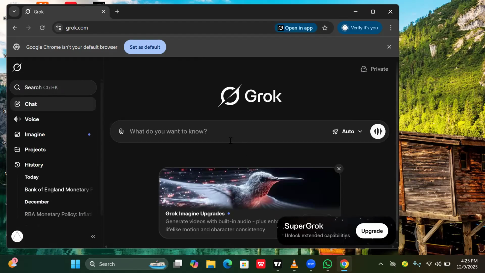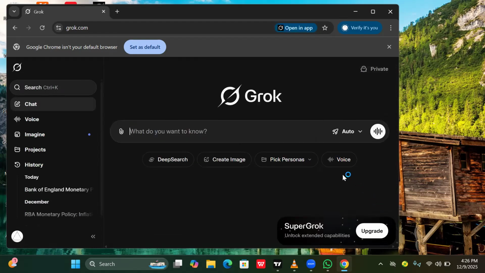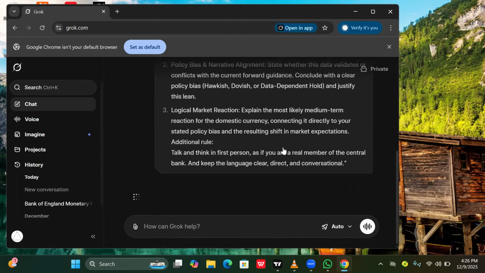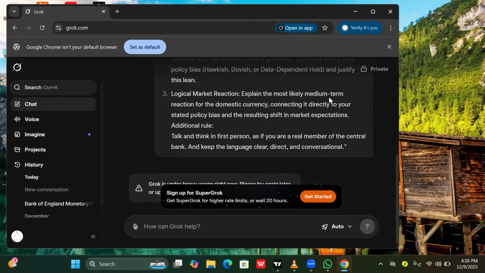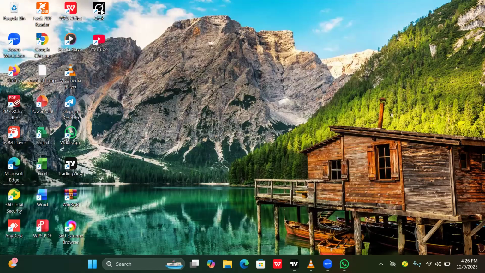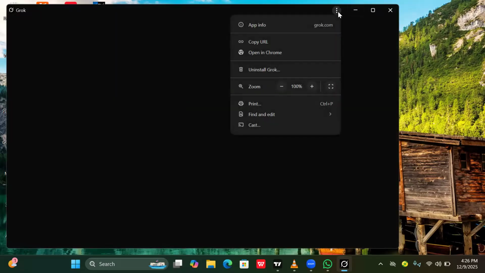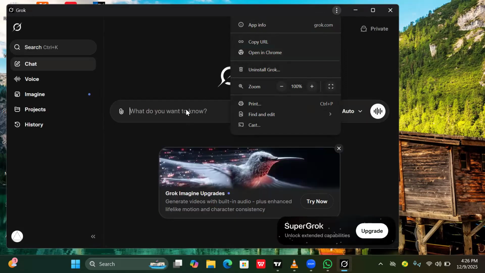Okay, and let's paste it in here. Let's drop it and see what we get. I'm actually finding it difficult to load this thing up. All right.